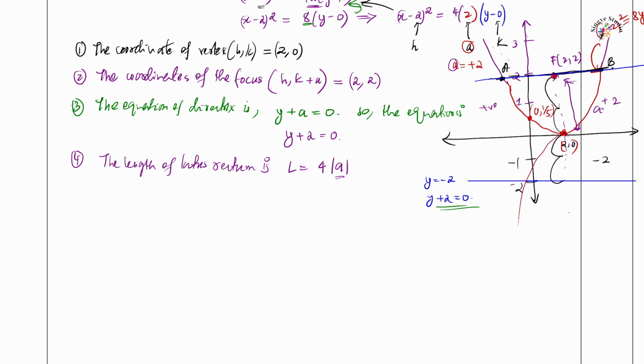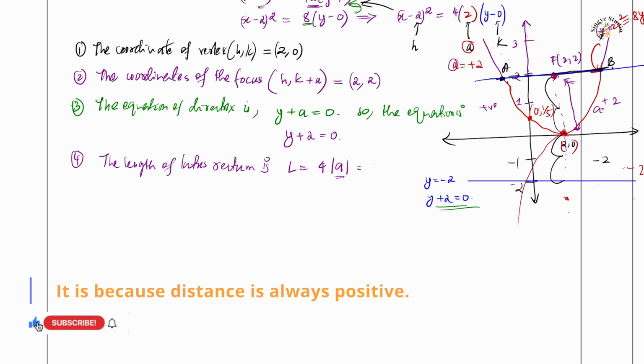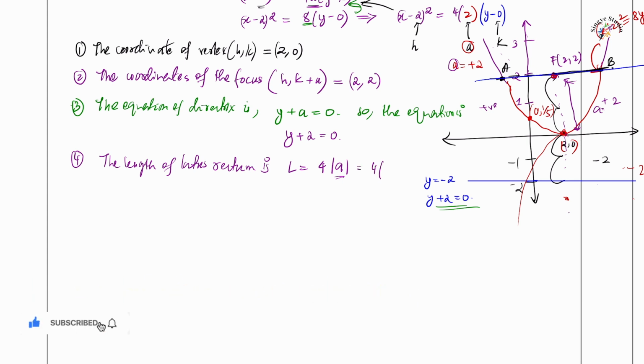If this is a downward parabola, then your focus will lie somewhere here and your a value will be negative. Whatever it may be, you just take the absolute value of a, which means you take the positive value. Therefore our length will be 4 times a, which is 2, so 8 units. This is the length of the latus rectum.